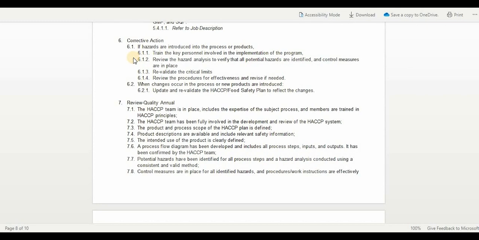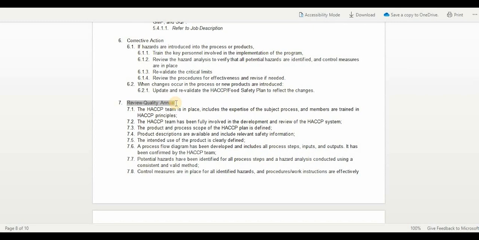Review the hazard analysis to verify that all potential hazards are identified and control measures are in place. Revalidate the critical limits, and review the procedures for effectiveness and revise if needed. When changes occur in the process or new products are introduced, update and revalidate the HACCP or food safety plan to reflect the changes.